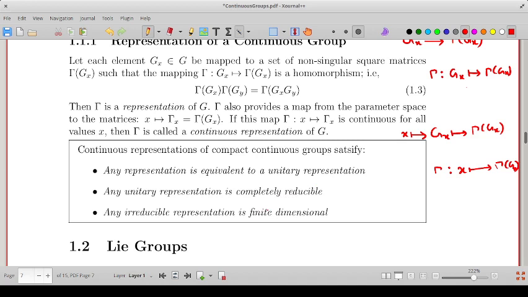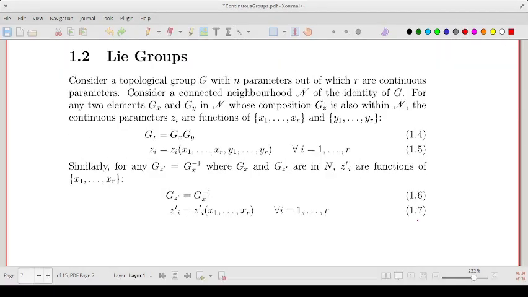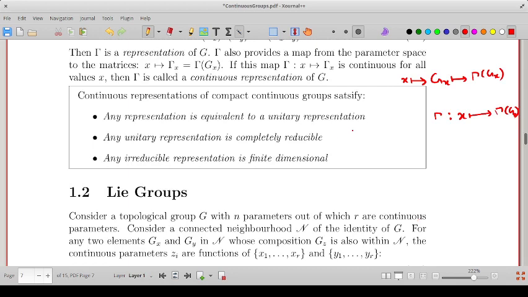Now, any irreducible representation of such groups is finite dimensional. Even though the group is infinite, any irreducible representation of compact continuous groups is finite dimensional. Remember, we are stating these properties without proofs.